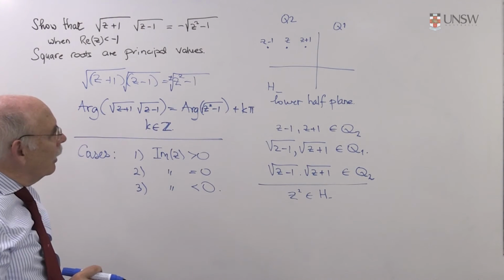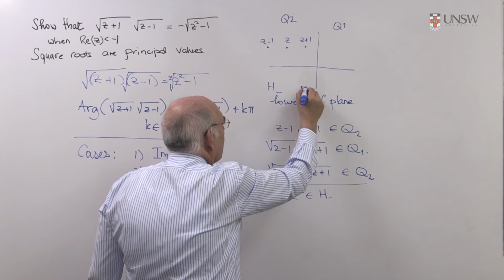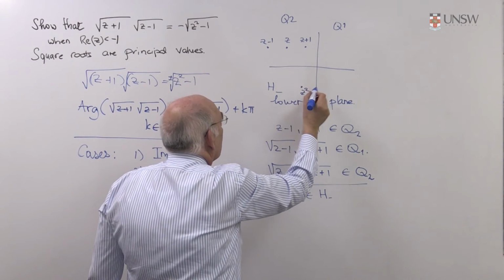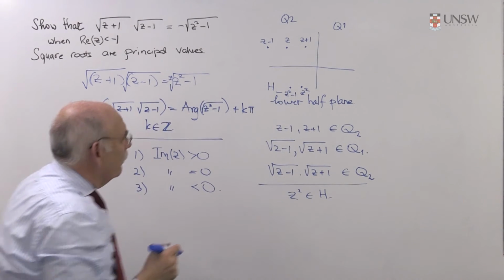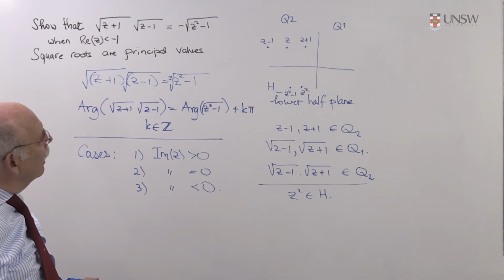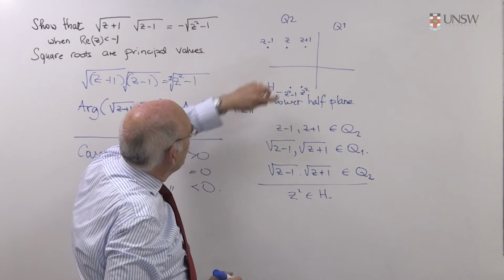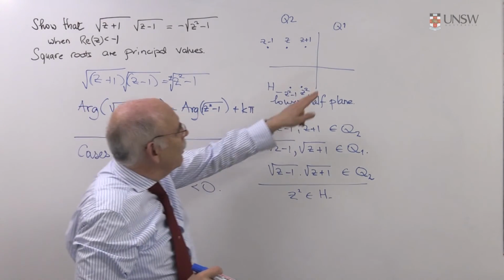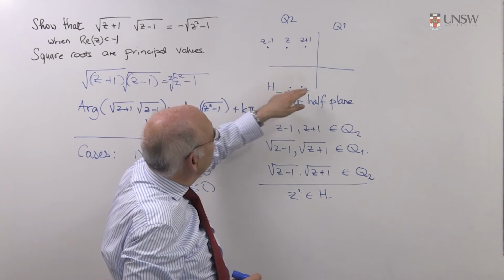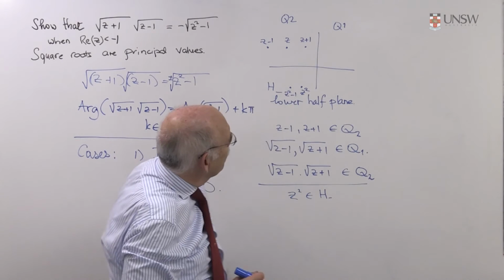So it's also true that z squared is in the lower half plane. Now, when I take z squared, which is in the lower half plane, so here it is down here somewhere, then z squared minus 1 is also in the lower half plane. Now, when I take the square root of a number that is in the lower half plane, I have to take its capital A arg. Its capital A arg is between 0 and minus pi, or perhaps between minus pi and 0 if you prefer.